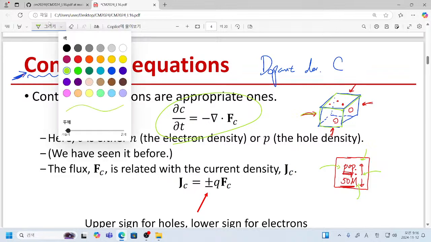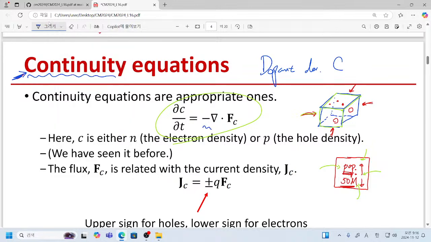In this form, on the right hand side, the divergence of the particle flux of C particles is given as a physical movement of particles, and this term itself, the divergence of flux, is physically defined to be the net decrease of our particles inside the box.